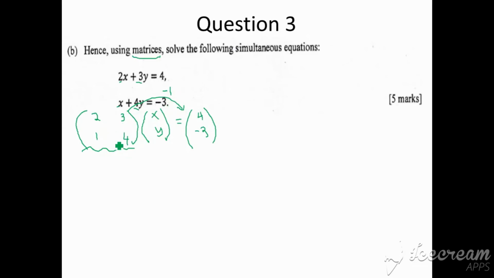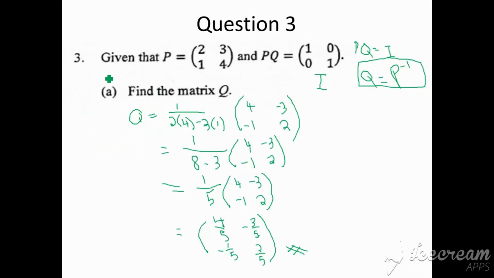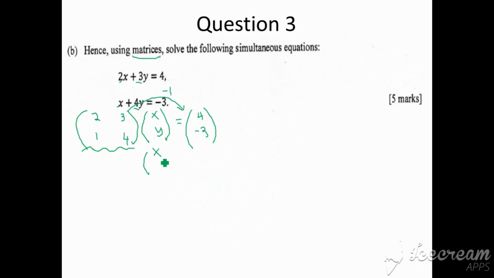The inverse of 2, 3, 1, 4 we have done in part A, or you can use this one. So you just need to copy this matrix to B. So XY equals 1 over 5, 4, negative 3, negative 1, 2, then don't forget this matrix, 4, negative 3, and then you do multiplication.